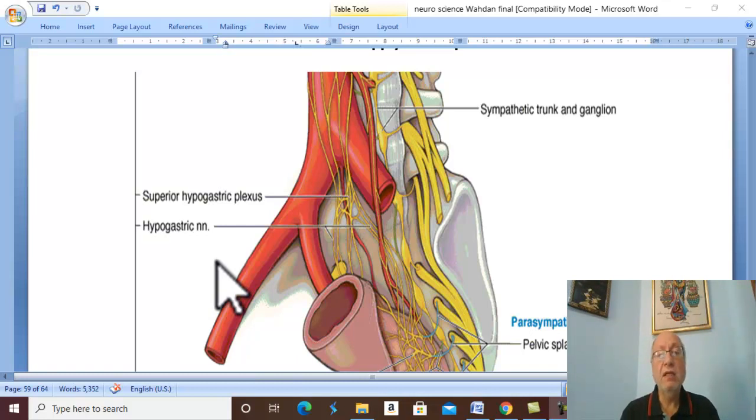How is it formed? It is formed by branches from the aortic plexus containing sympathetic fibers, which are actually descending fibers from the lumbar splanchnic nerves.